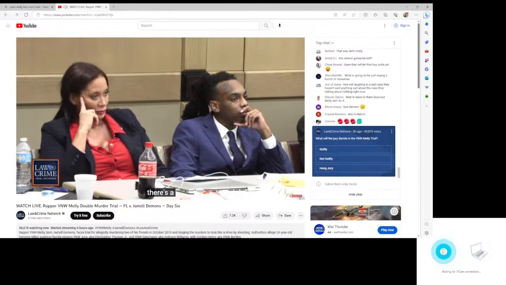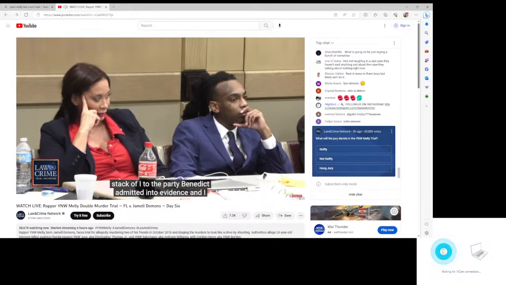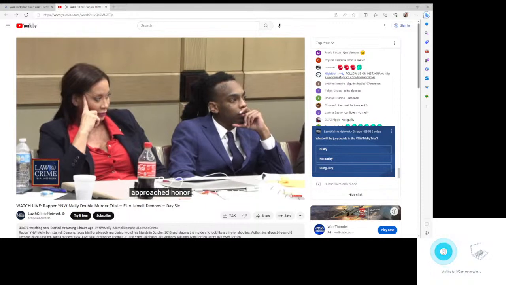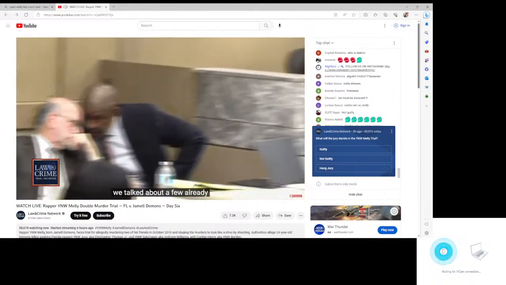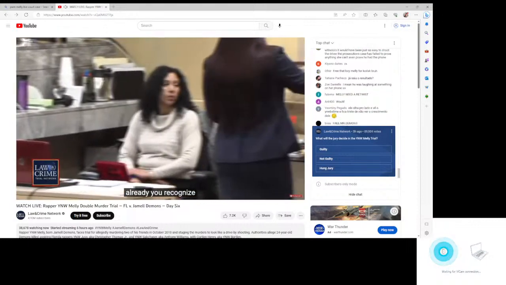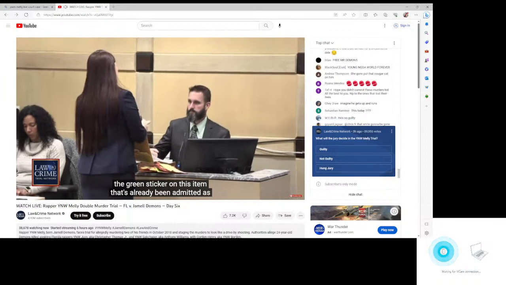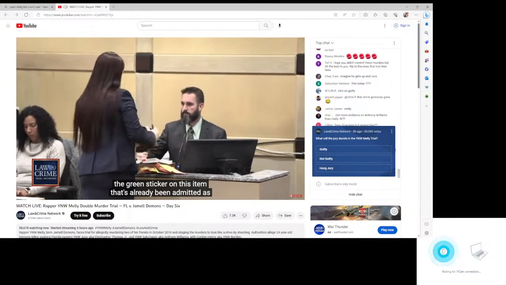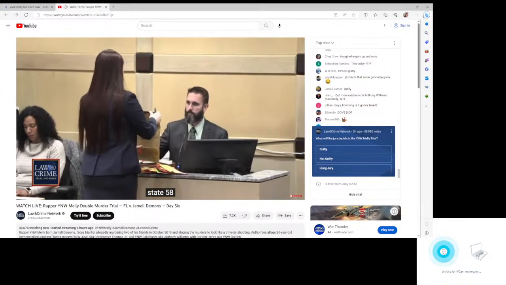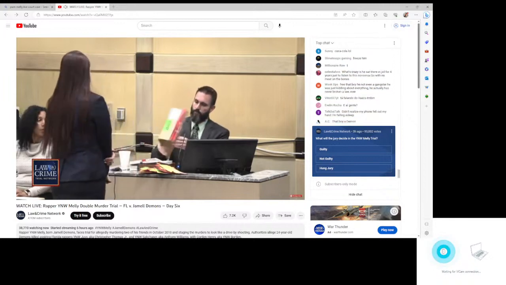Okay. In front of you, there's a stack of items that have already been admitted into evidence. If I may approach, Your Honor. Yes. We've talked about a few already here. Do you recognize the green sticker on this item that's already been admitted as State 58? Yes.